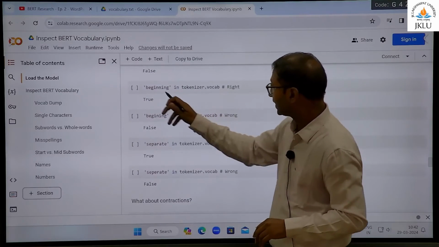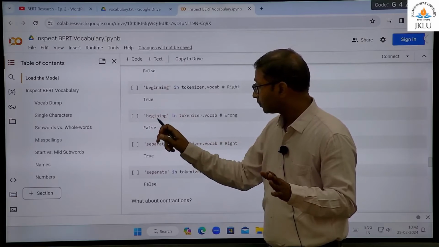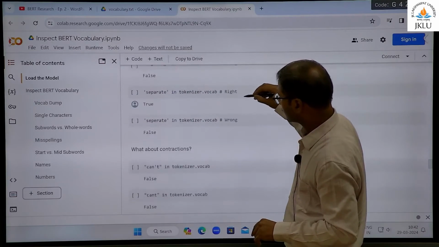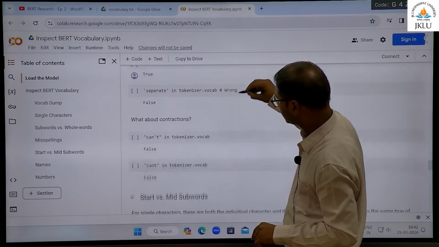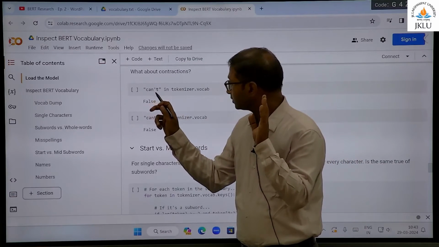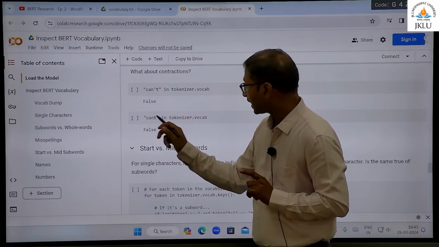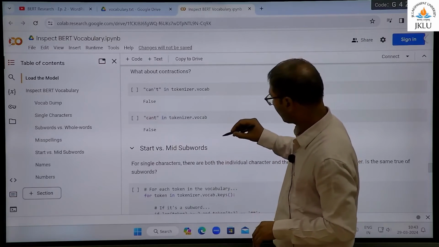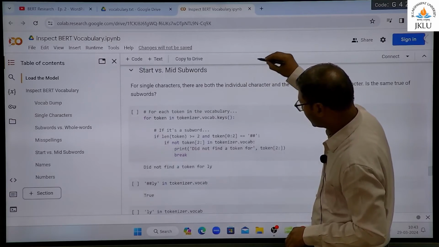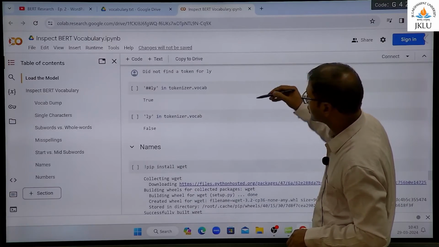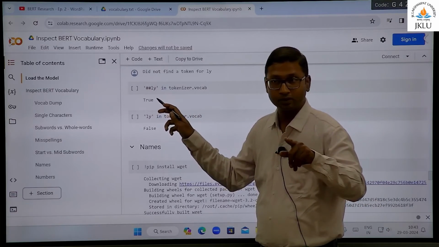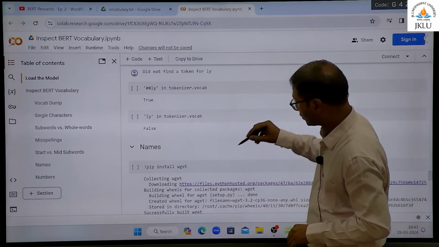So for example, beginning with the right spelling is there, but beginning with the wrong spelling is not there. So he tried a couple of them. So can't in tokenizer is false, can't with the wrong apostrophe is also false. Okay. Start with mid sub, so this we have talked about. Hash hash ly is present in the vocabulary, but just ly is not.